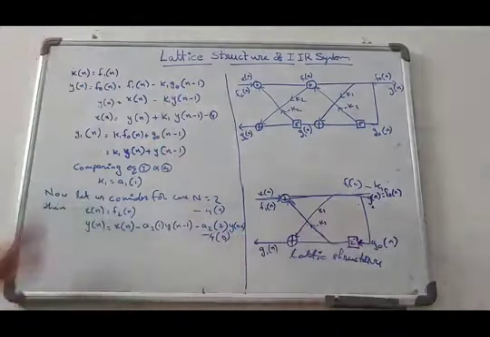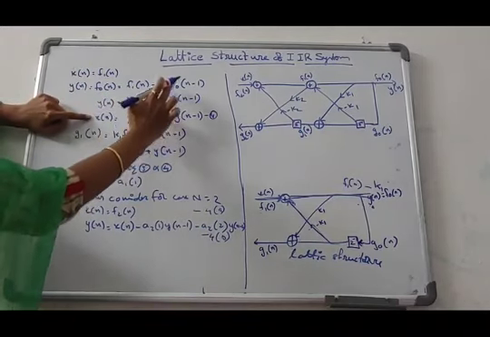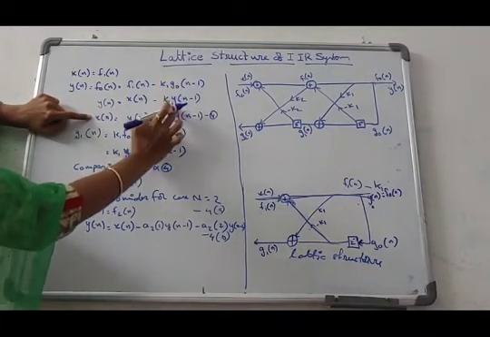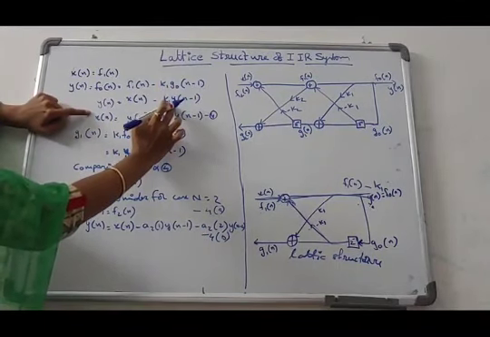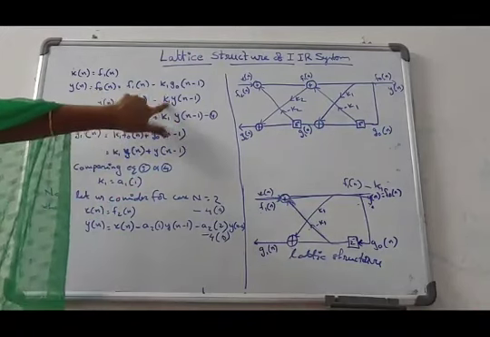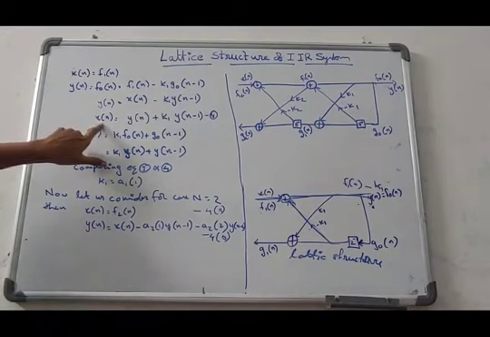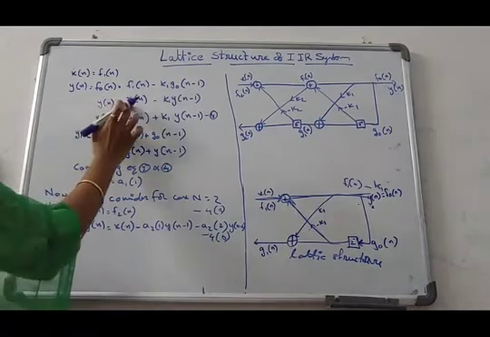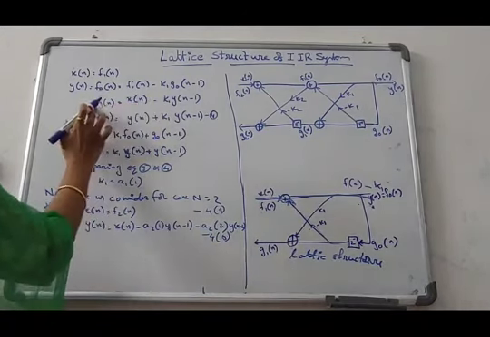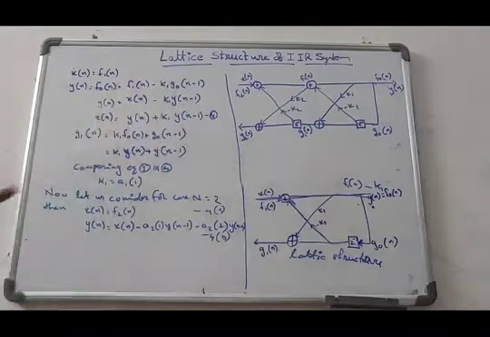So y(n) is equal to f_1(n), which is x(n), minus k_1 into g_0(n minus 1), and g_0(n minus 1) you can write as y(n minus 1). In this equation, x(n) is equal to y(n) plus k_1 into y(n minus 1). Keep it as equation 4.